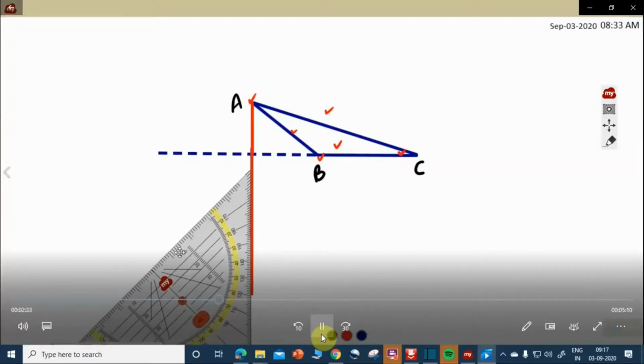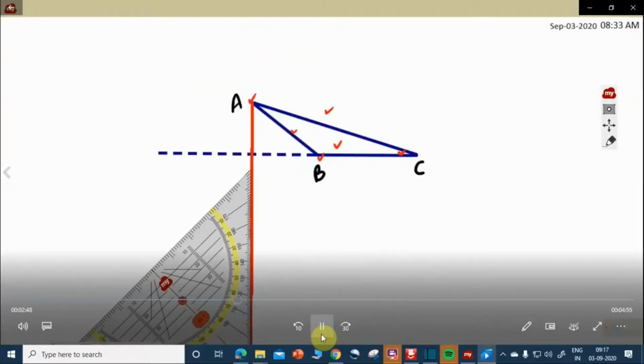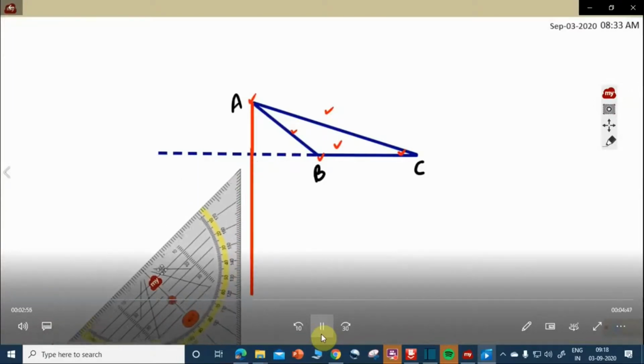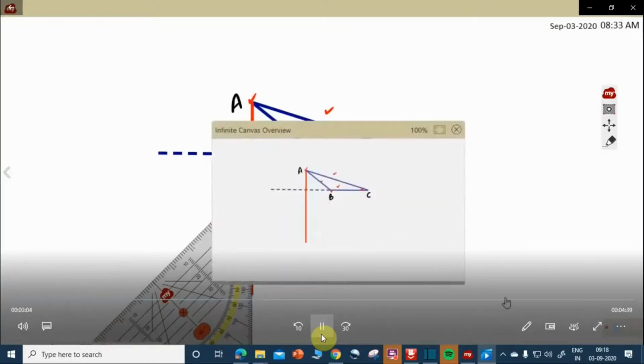The more accuracy we maintain, the more perfect that point would be. So when we extend it and when we redraw it, we should be very careful. And this takes time. You should also take time because it requires a little bit of extra concentration to complete the drawing.